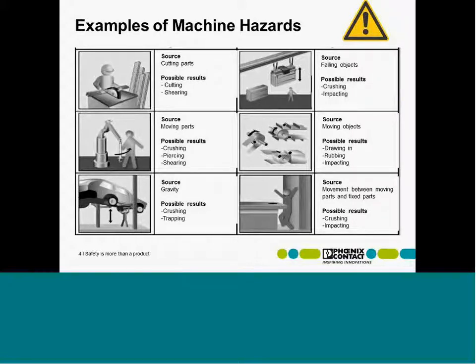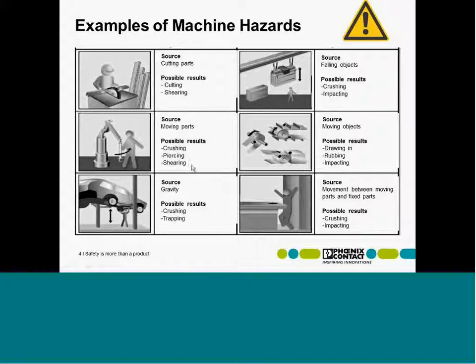When we compare this, for example, with typical machine hazards, we will see some deviations. Typically when we are talking about machine hazards, we have to deal with mechanical hazards, not necessarily exclusively, but with mechanical hazards such as cutting or shearing hazards by a saw, for example, as we see in the left corner here. We have to deal with falling objects and lifting objects, where we have crushing or impacting hazards to the operators.